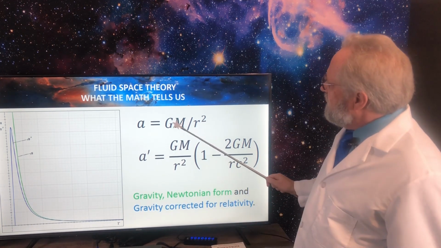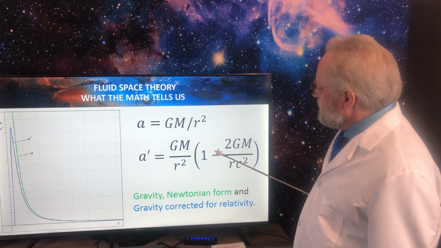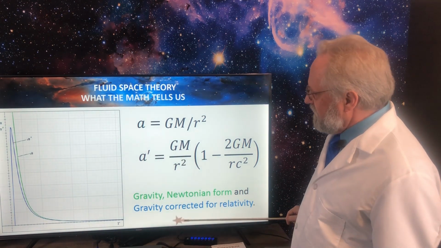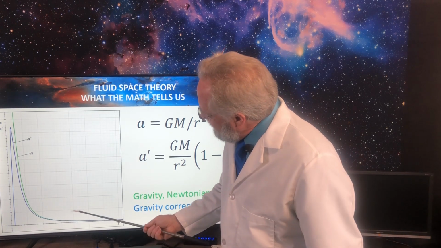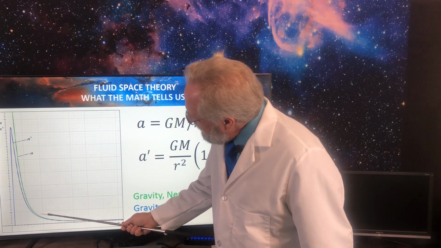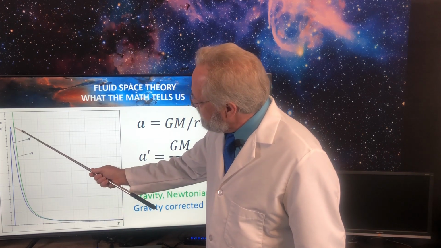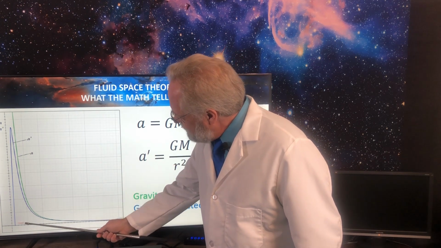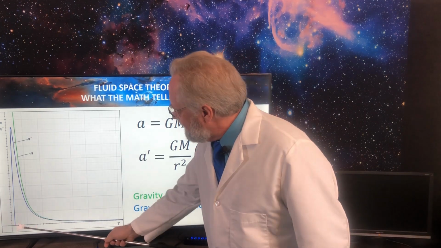So if you take Newton's law and you apply the Lorentz transformations for length contraction and time dilation, you get a different curve. And it's almost the same curve out here at large radii, but at smaller radii, it begins to diverge, and it actually reaches a peak where the acceleration then drops off rapidly to zero at the Schwarzschild radius, which would be the event horizon.